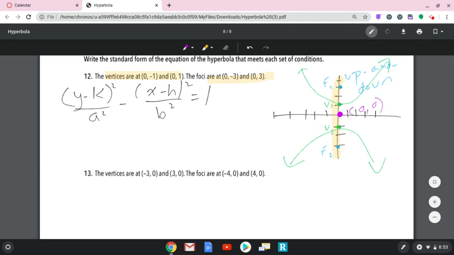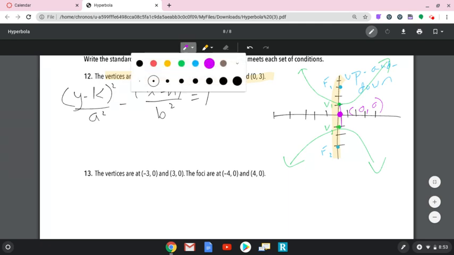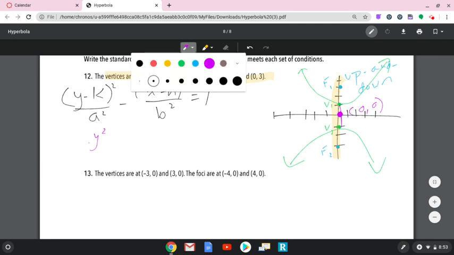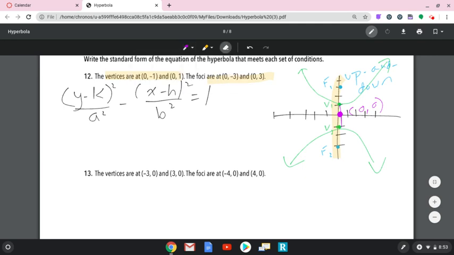How did I find that? It's the midpoint between my two vertices and my two foci. So now I know I have y squared minus 0 up top, and a squared on the bottom. Let's leave it so I have space. So now I know h, k is 0, 0.